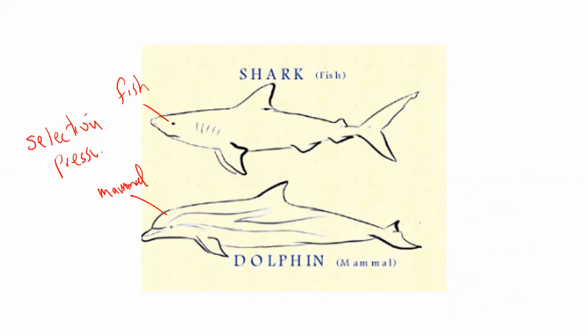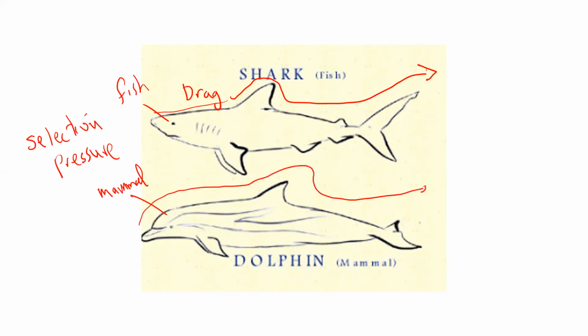What would be the main selection pressure here? Drag. Water moving over, it's faster if the body's streamlined. So even though they've got different evolutionary origins, mammals and fish, the same selection pressure. They've got to swim through water. It provides drag force.